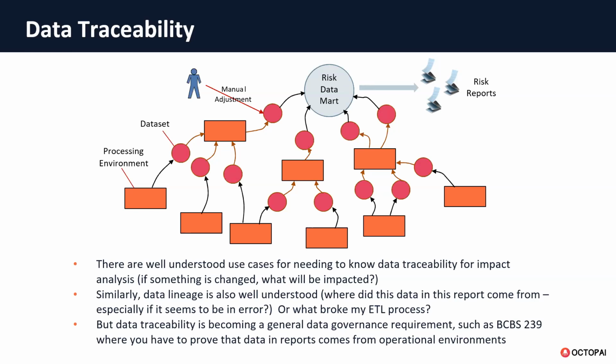It's beyond the realm of the technical folks, who are very important, don't get me wrong, but there are things out there such as BCBS 239, the Basel Committee on Banking Supervision, which says, look, guys, you are doing things like reporting on risk or reporting on capital adequacy ratios. You have to prove that the data that you're reporting actually came from operational systems, without changes, without people doing manual changes to it, and so on. So we've got to see the flows from the operational systems to the risk reports, and that's got to be proven.